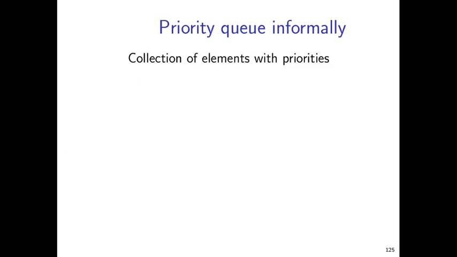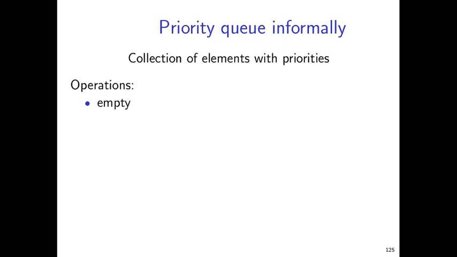We just want to have a collection of some elements. Each element has a priority, and the operations are, well, insert an element and remove the element with the least priority, or with the highest priority. We will do with the least priority.